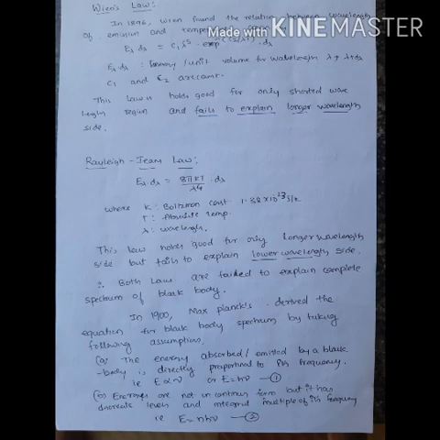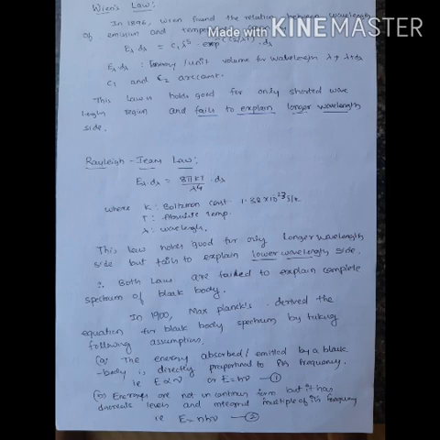The second, Rayleigh and Jeans, formulated one equation: E lambda d lambda equals 8 pi kT divided by lambda raised to 4 times d lambda. Here kT is the Boltzmann constant times absolute temperature, and lambda is the wavelength.